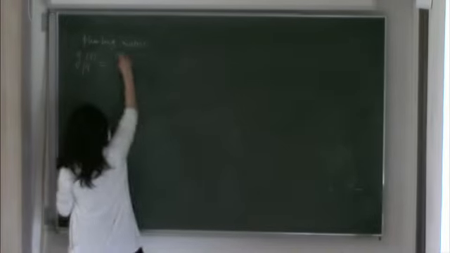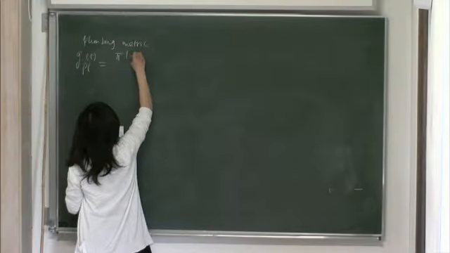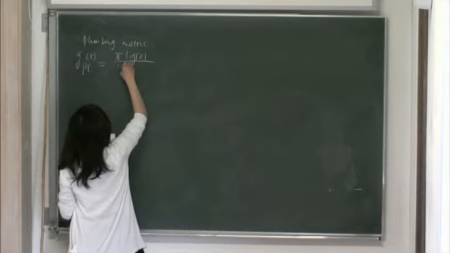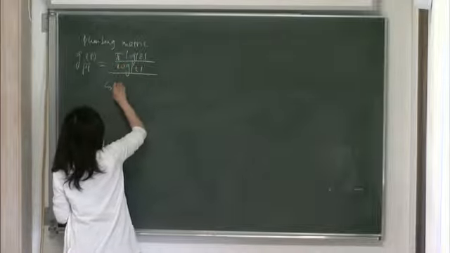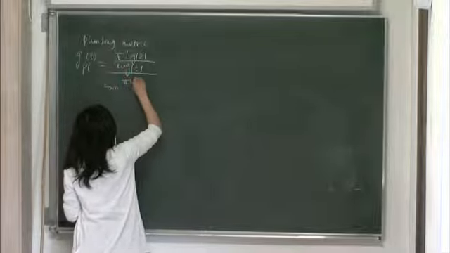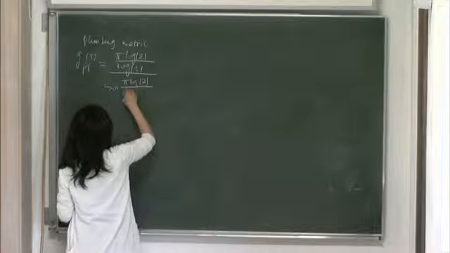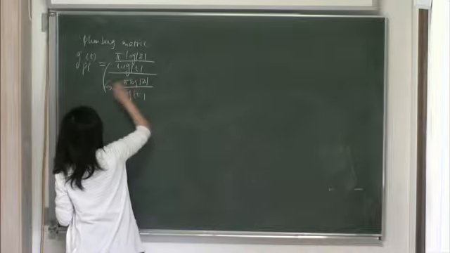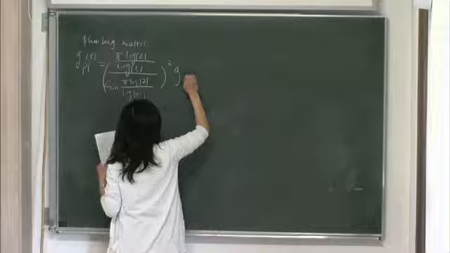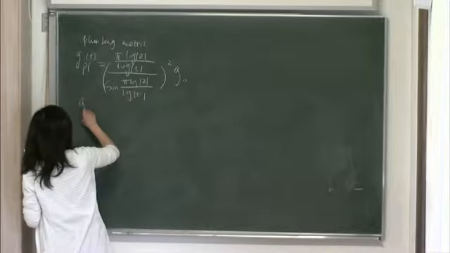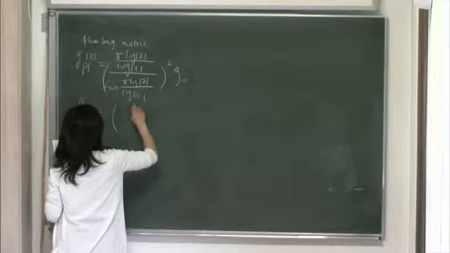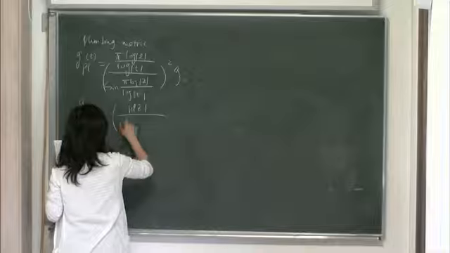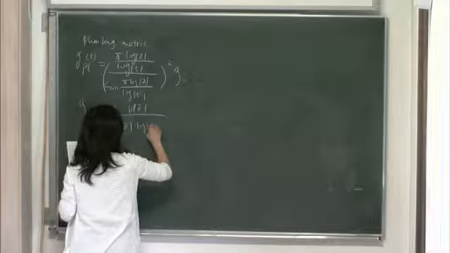For each t, it's given by this expression: pi log |z| over log |t|, over sine of pi log |z| over log |t|, squared, times g naught, where g naught is the metric |dz| over |z| log |z| squared.